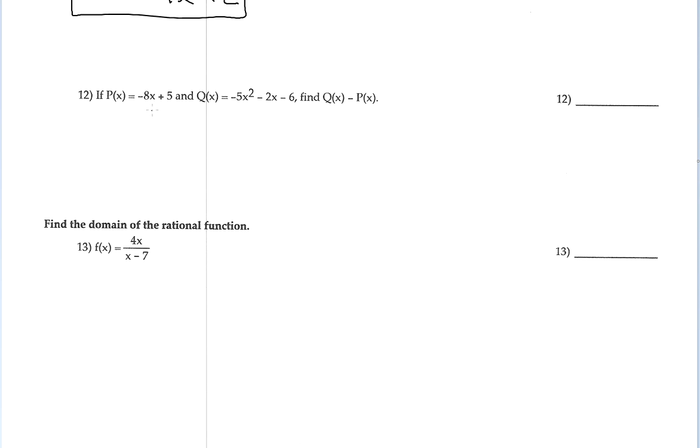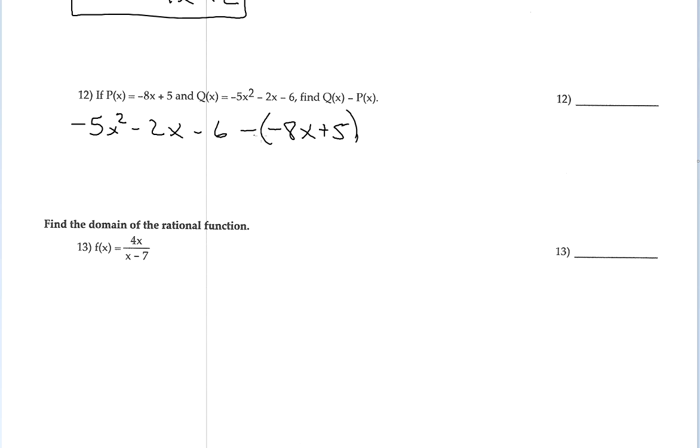Number 12, find q of x minus p of x. So if I'm going to do that, I want to put the q of x first, negative, because it's subtraction, so that's always a little trickier. So I got -5x squared minus 2x minus 6 minus this -8x plus 5. Okay, so all I want to do is combine my like terms here.